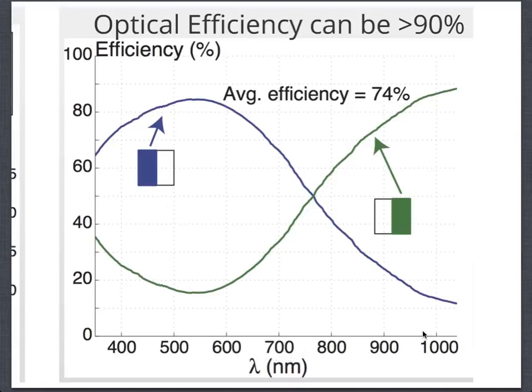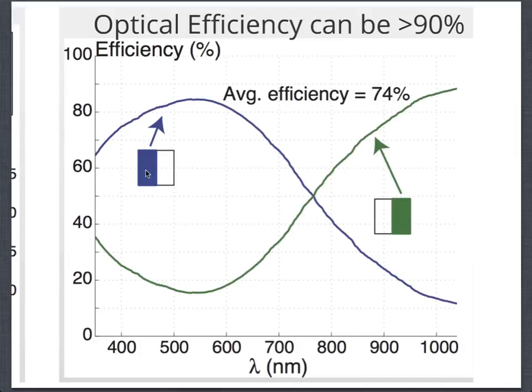From that we can calculate the optical efficiency. So what does that mean? Say there are two solar cells. The blue, say, is gallium indium phosphide, which has a high band gap, and the green, say, gallium arsenide, which has a band gap lower than gallium indium phosphide.